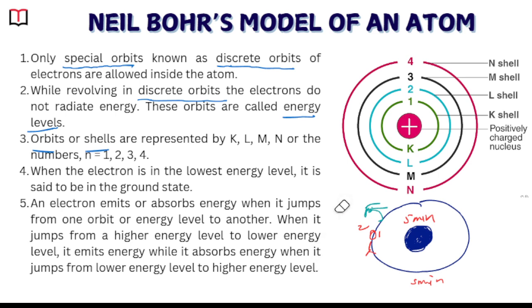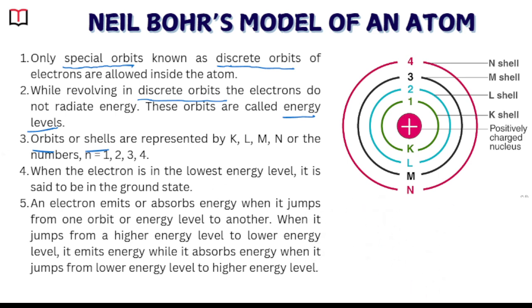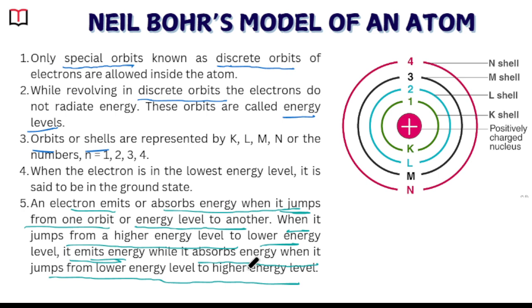I hope this is clear to all of you. So electrons emit or absorb energy when they jump from one orbit to another energy level. When it jumps from a higher energy level to a lower energy level, it loses energy, emitting it, while it absorbs energy when jumping from a lower to a higher energy level. I hope this point is clear to all of you.